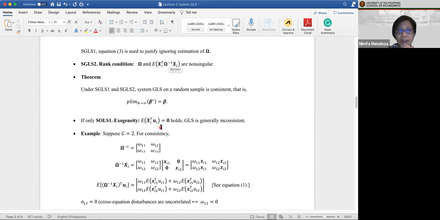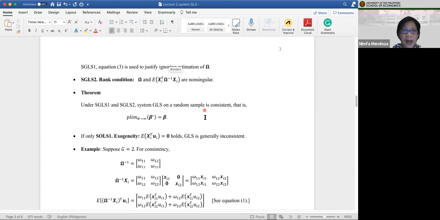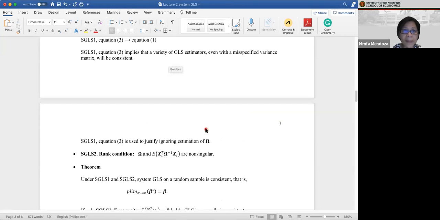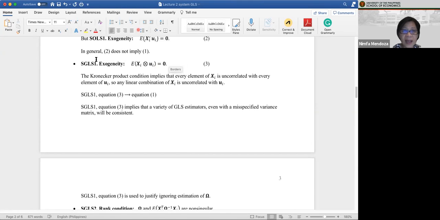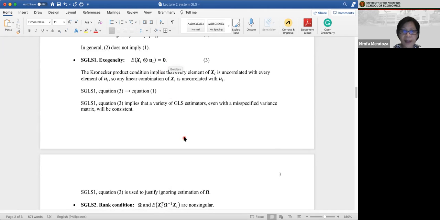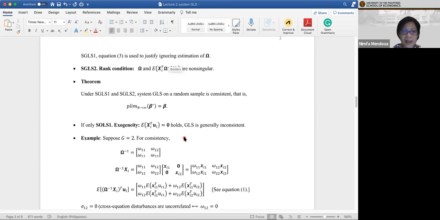If we do not have the first SGLS assumption and we just have the system OLS exogeneity assumption, GLS would generally be inconsistent. So for the consistency of GLS, we need this exogeneity assumption, not the system OLS assumption.